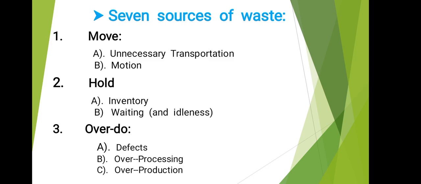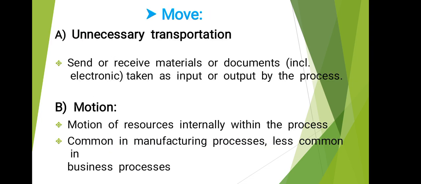The same goes for overprocessing and overproduction; all of this is going to lead to waste and ultimately to the loss of the company. Unnecessary transportation means sending or receiving materials or documents, including electronics, taken as input or output by the process. Motion is the movement of resources internally within the process, common in manufacturing processes, less common in business processes.